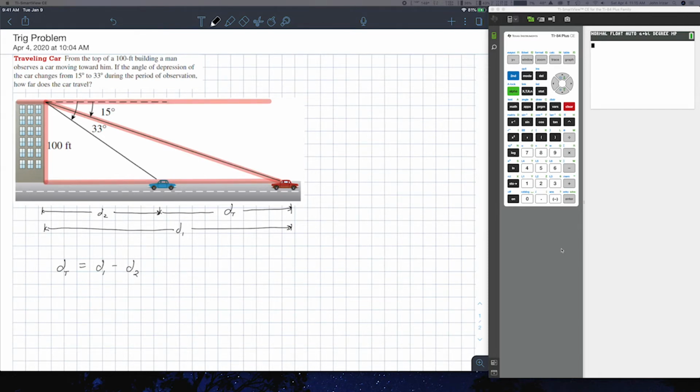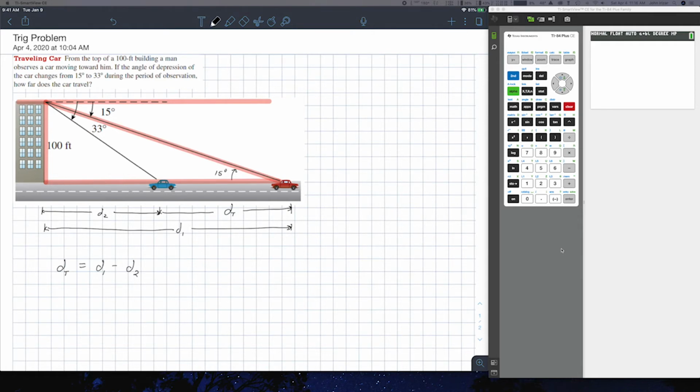They are parallel, so they're being cut by a transversal. This angle here is congruent to our angle inside of the triangle. This here is now 15 degrees.